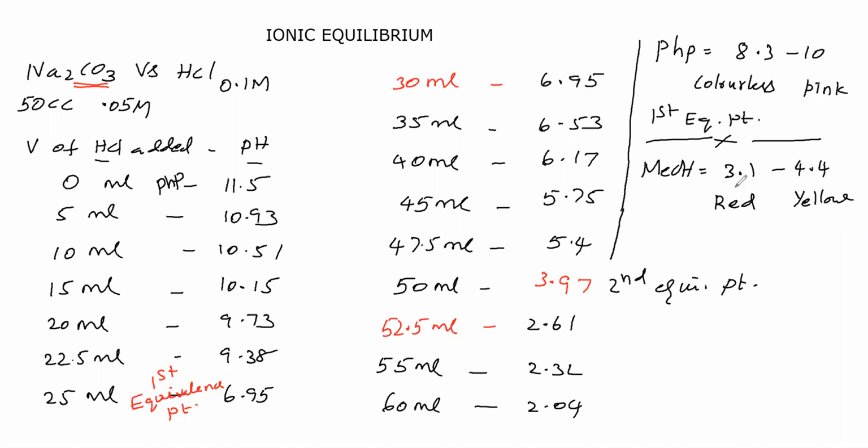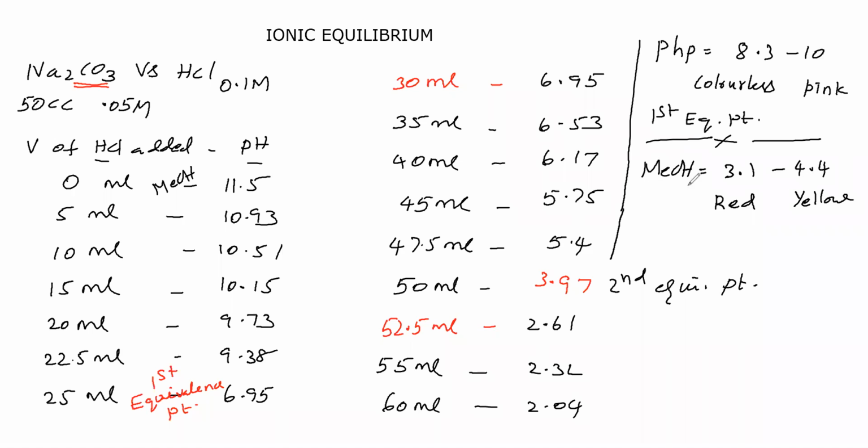Now can we use this methyl orange indicator? Already we concluded that using phenolphthalein we can find the first equivalence point. Now what about methyl orange? Let us add methyl orange here. The pH of the conical flask solution is 11.5. Methyl orange will give yellow color if the pH is 4.4 and greater.